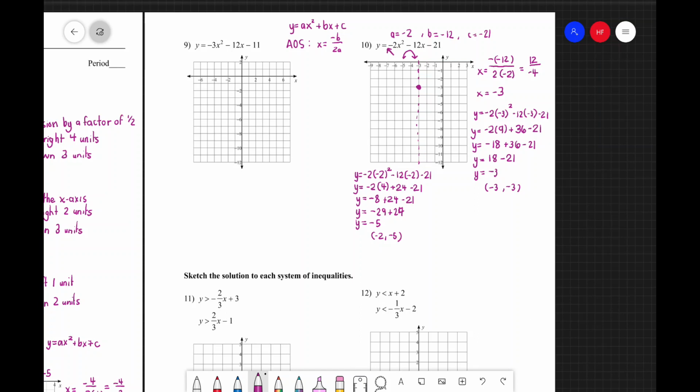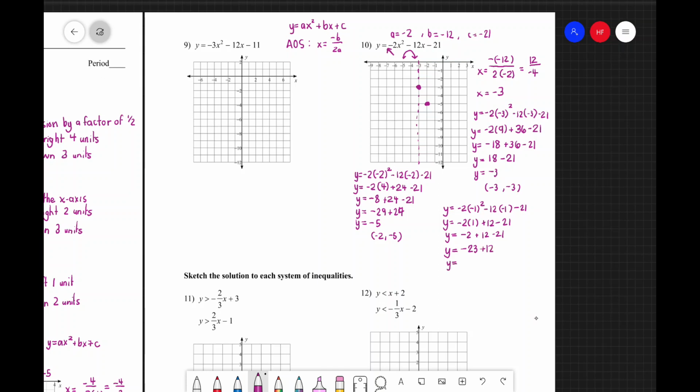Go ahead and graph that. And let's find a third point. So y equals, I'm going to plug in a negative 1. Negative 2 times negative 1 squared minus 12 times negative 1 minus 21. Y equals negative 2 times 1 minus negative 12 times negative 1 will make it a positive 12 minus 21. Y equals negative 2 plus 12 minus 21. Y equals negative 23 plus 12.